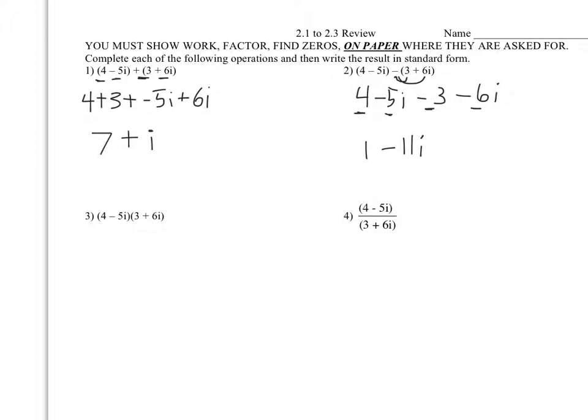In number 3, we're multiplying, so we have to do either FOILing or double distributing, however you think of it. I need to do 4 times 3 and 4 times 6i, so that would be 12 plus 24i. Then I need to take the negative 5i times 3, and negative 5i times 6i.